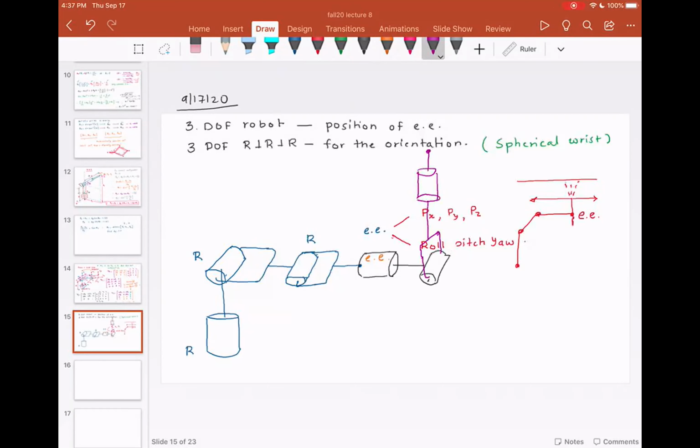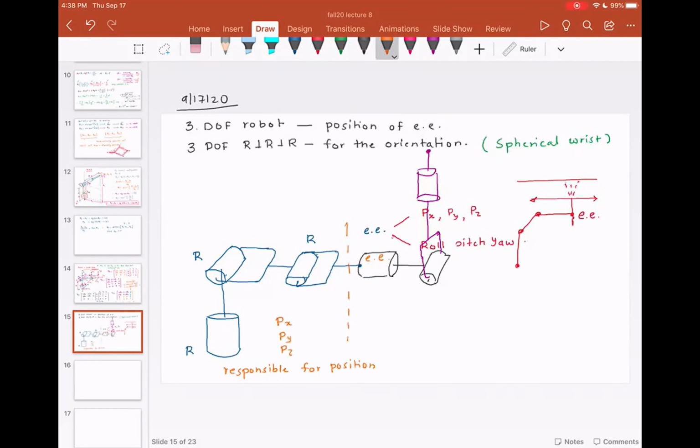So now imagine that this robot actually is a 6 degree of freedom robot, wherein you have the first 3 degrees of freedom responsible for position. So here, this robot dictates what should be Px, Py, and Pz.